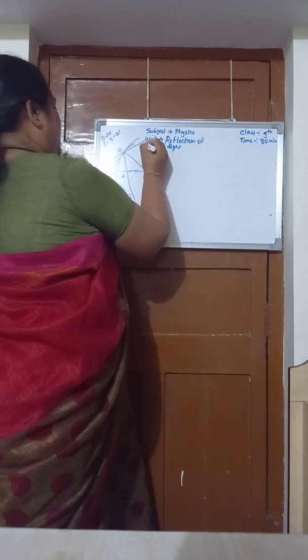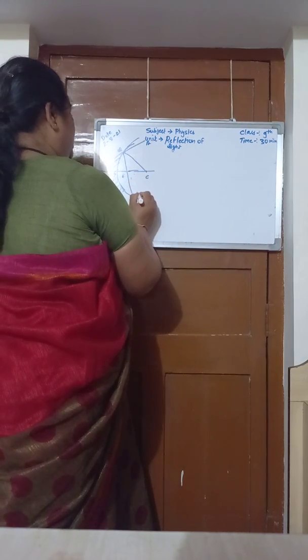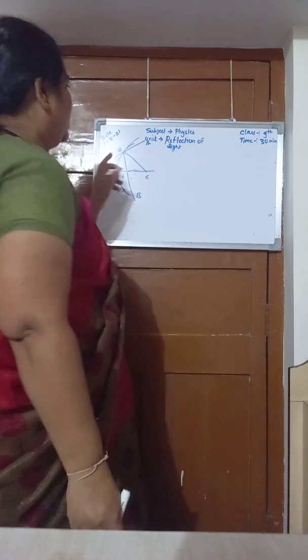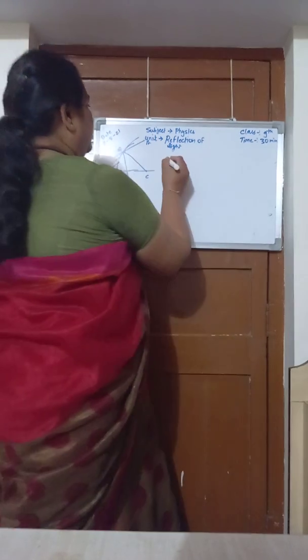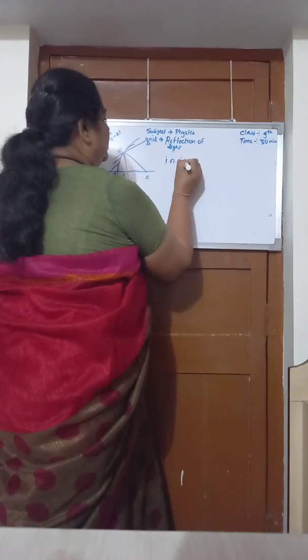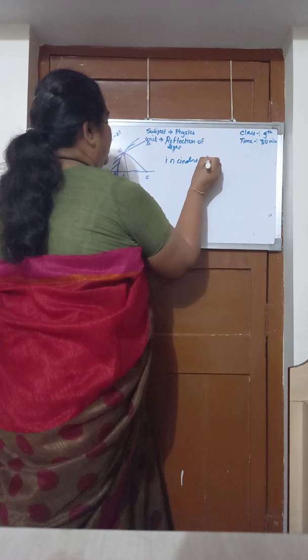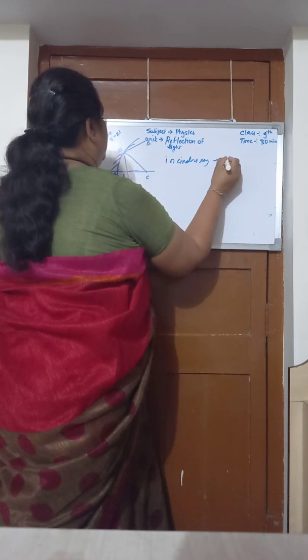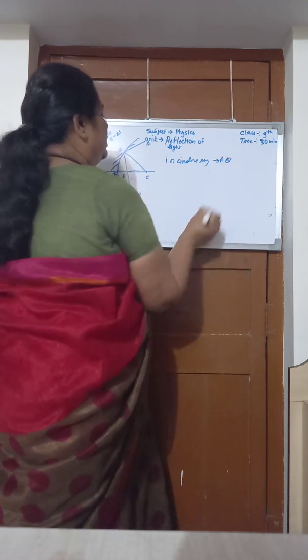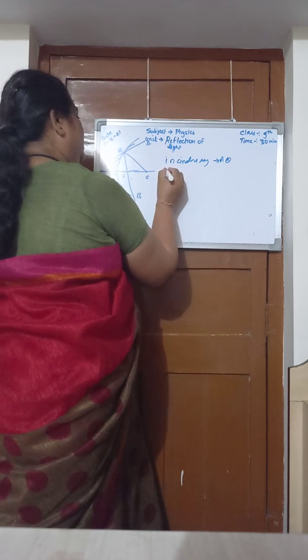This is AQC and this is BQC. In this figure, the incident ray is AQ and the reflecting ray is BQ.